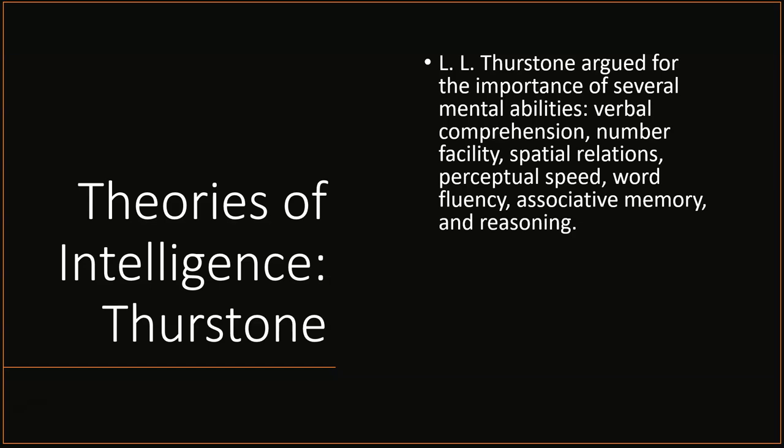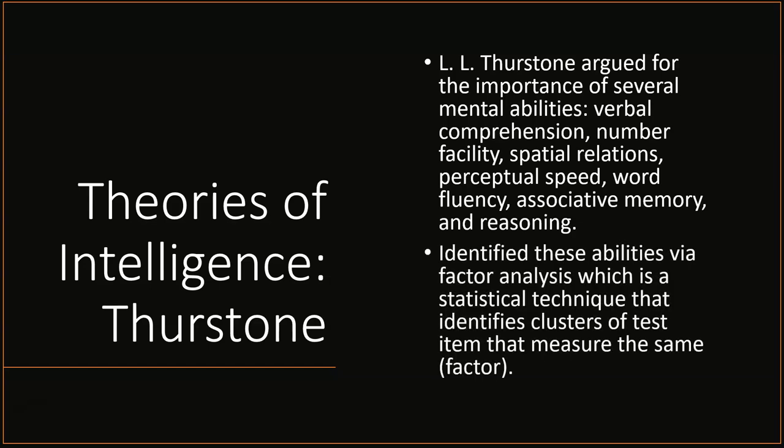So Thurstone focused on verbal comprehension, number sense, spatial skills, like shapes and position, things like that, speed of perception, word fluency, memory, and reasoning. Sounds like all the tests you've ever been given, if you've been given intelligence tests in the past. These are the basic skills that tend to be hit on those tests.